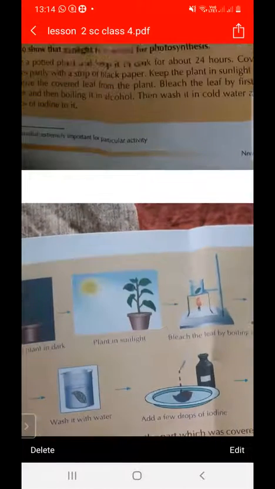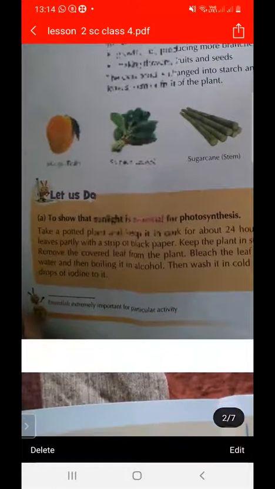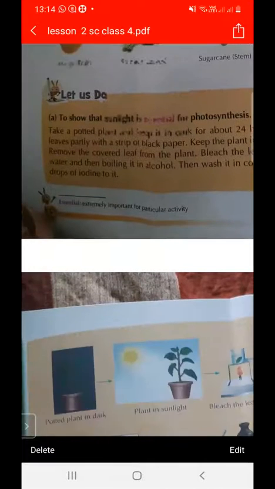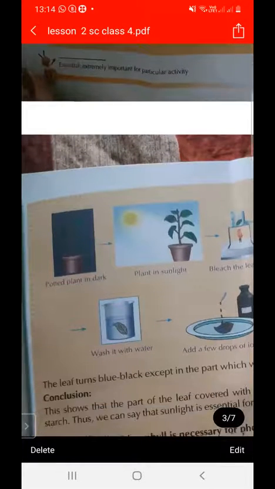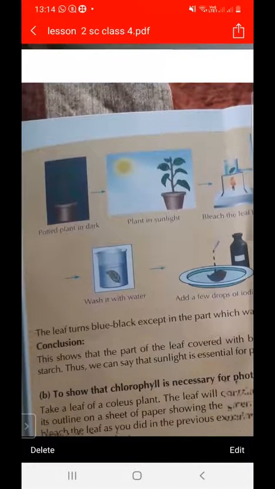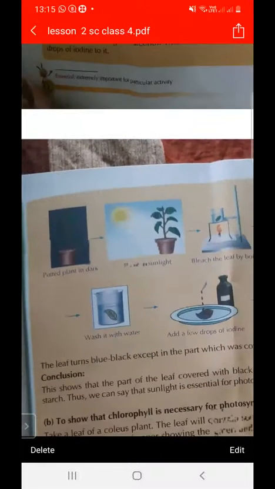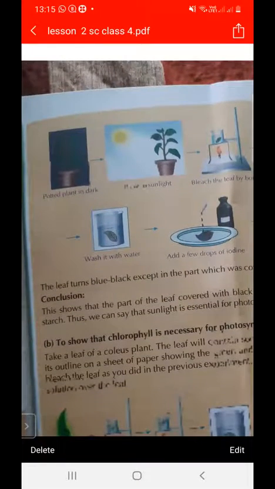Then we will take one of its leaves and partially cover it with black paper. As an example, the second leaf is half covered with black paper, and we keep this also in the dark for 2 or 3 days.